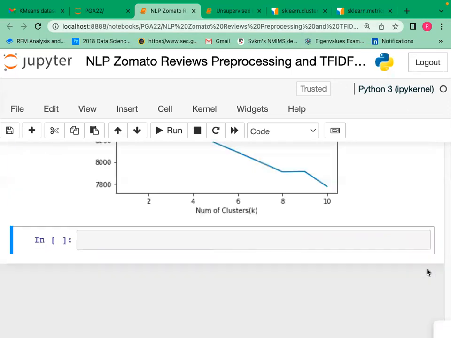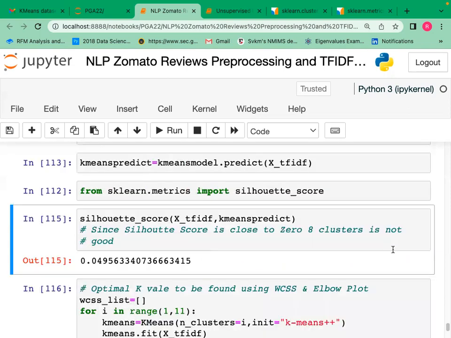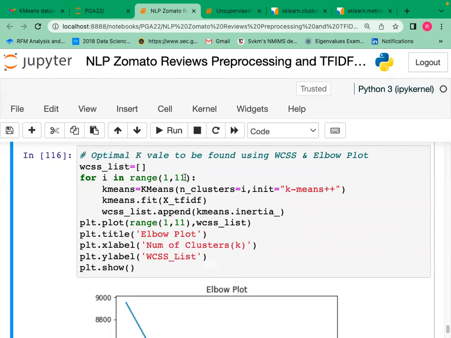Oh, sorry. I think the number of clusters should be more. We'll give more, up to 50.